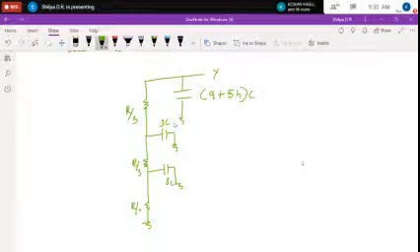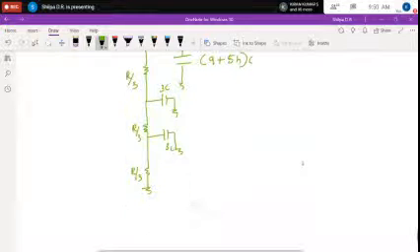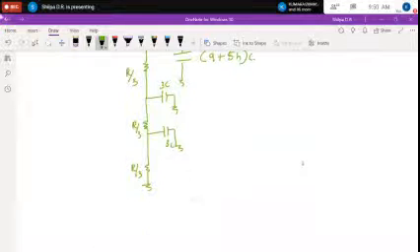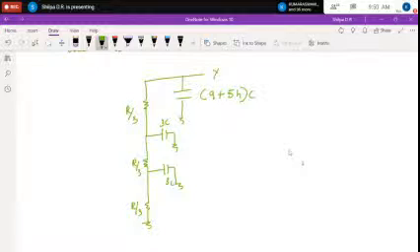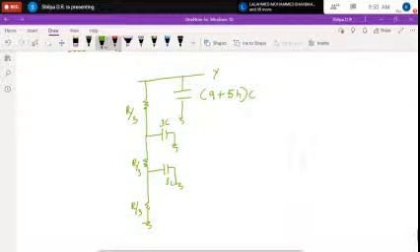The last 3C you need not consider. You know why? Because you have to start from there. There is no resistance behind that capacitor. Yes, so the last one you need not consider. Okay, so this is how the circuit looks.